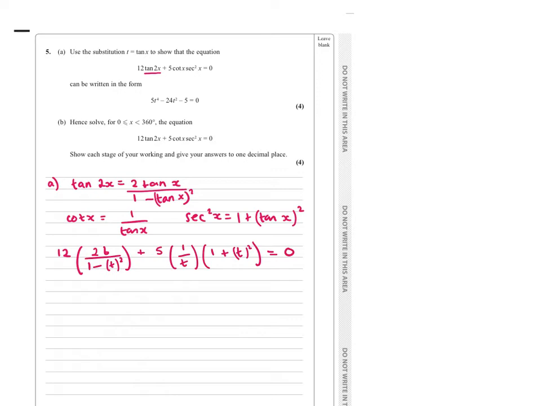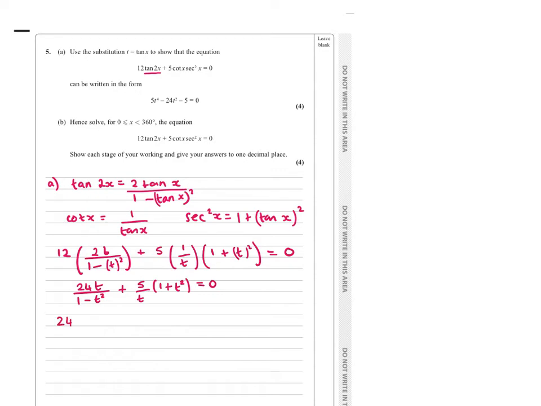So I'm now going to have 24t over 1 minus t squared plus, and then I'm going to have 5 over t bracket 1 plus t squared equals 0. So what I am going to do is multiply everything by t and 1 minus t squared.